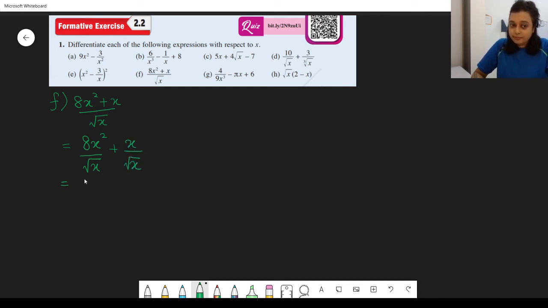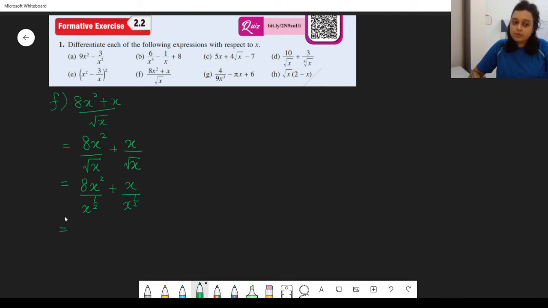Now you write the square root x as this form, x to the power of 1 over 2, plus x to the power of 1 over 2. Now up and down, this is divide. When you have the same term, what will happen to the power when you divide? It becomes minus.